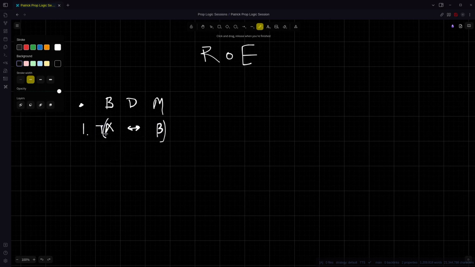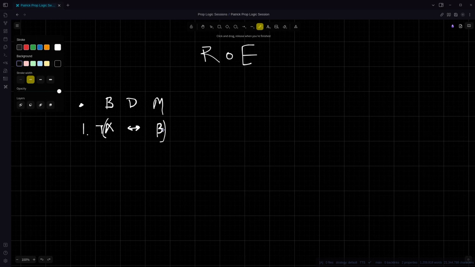When we say that alpha if and only if beta is false, what we essentially mean is that it is one of those cases in the truth table where one of them is true and the other is false.